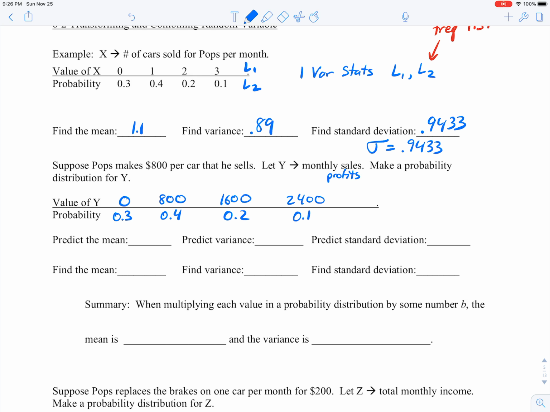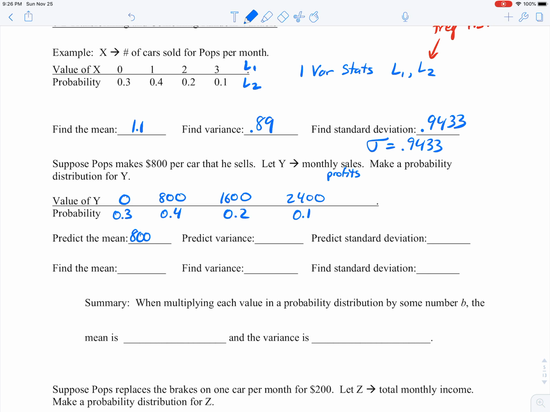What's the average amount of money he's going to make per month? Now remember, this doesn't have to be one of those 4 numbers, and it won't be. If he's selling 1.1 cars per month, then $800 per car times 1.1 cars leaves you with $880. Notice how the dimensional analysis works here too, that you learn in chemistry.